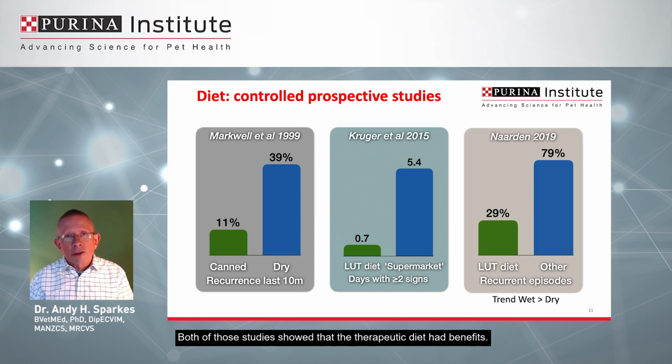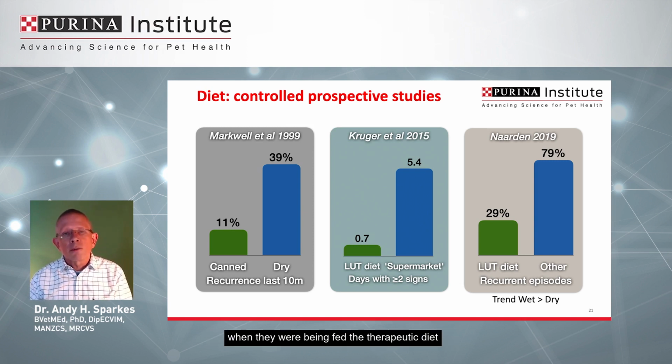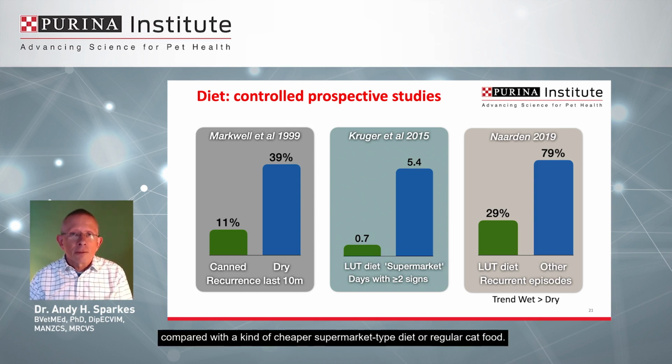Both of those studies showed that the therapeutic diet had benefits. It reduced the rate of recurrence of signs of idiopathic cystitis over quite a prolonged period of time. So these cats were having fewer recurrent episodes when they were being fed the therapeutic diet compared with a cheaper supermarket type diet or regular cat food. One of those studies showed a trend towards improvement with wet diet rather than dry diet. The other found no difference between wet and dry diet.